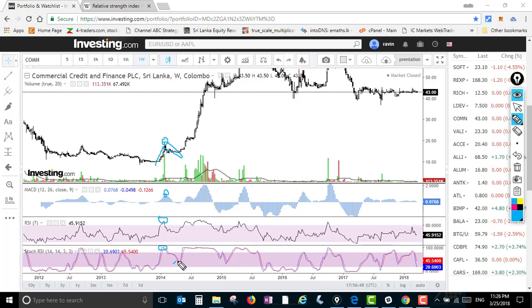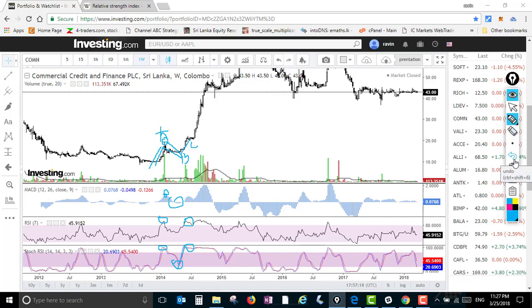It has formed an oversold area, and MACD is giving us a small blip here. So that means, as I told you last week, the small blip is the key to the big trend. So it has given us the next big trend, and it went into the oversold area again. Are we going to sell? No, we know it is an A, B, C move, and it is in a trending market.